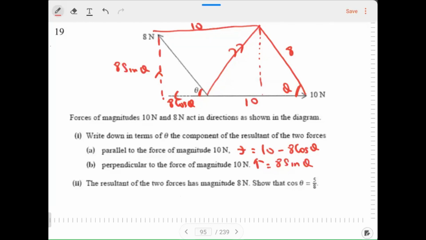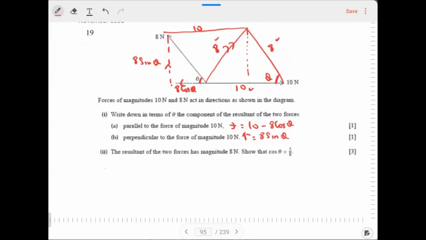For the resultant, sum of all horizontal is 0 and sum of all vertical is 0. Yes or no? The resultant of the two forces has magnitude 8 newtons. I will apply the cosine rule because I have this 8, I have this 8, I have this 10. a square is b square plus c square minus 2bc cos theta. 64 equals 100 plus 64 minus 2 into 10 into 8, 160 cos theta.